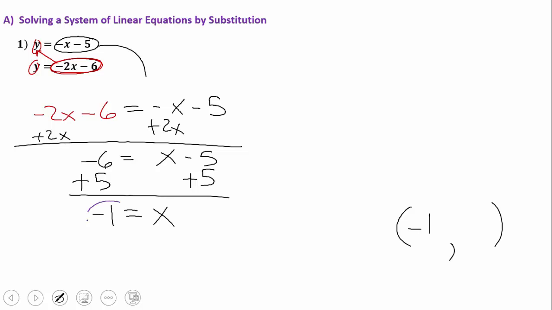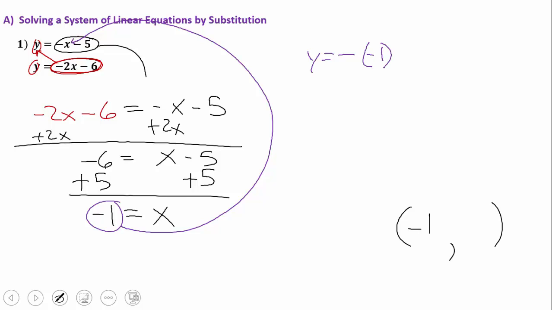So I'm going to take this negative 1, and I'm going to substitute it into this one right here. And I'm going to solve. So right here, I'm going to say y is equal to a negative, because that's a negative x, and x is negative 1, so I put negative 1, and then minus 5. A negative negative 1 is positive 1. Minus 5 is negative 4. So my y equals negative 4.